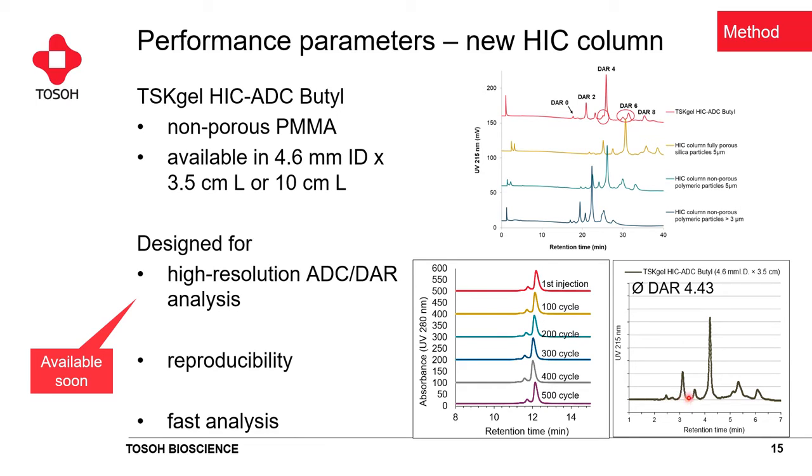We can see that we separate all the different drug antibody ratio molecules, and then we can calculate the drug antibody ratio for this molecule, while the separation only lasts 7 minutes.